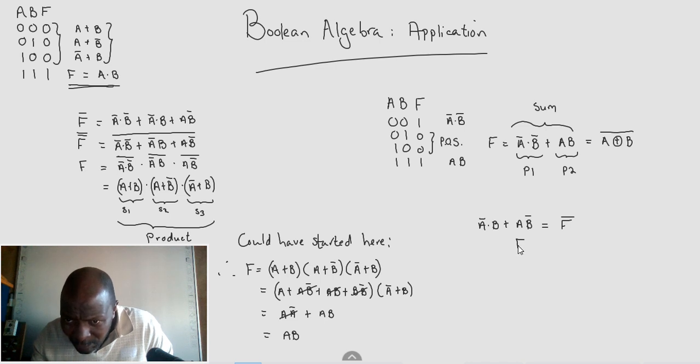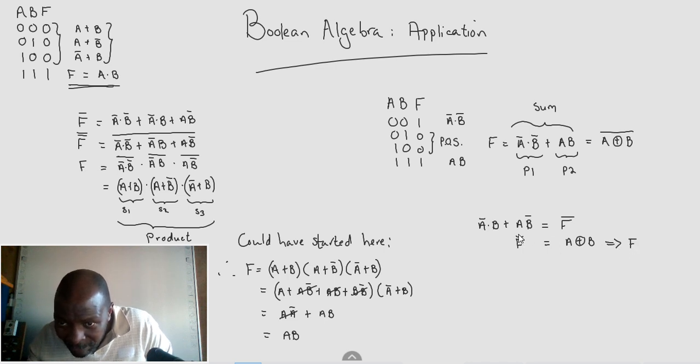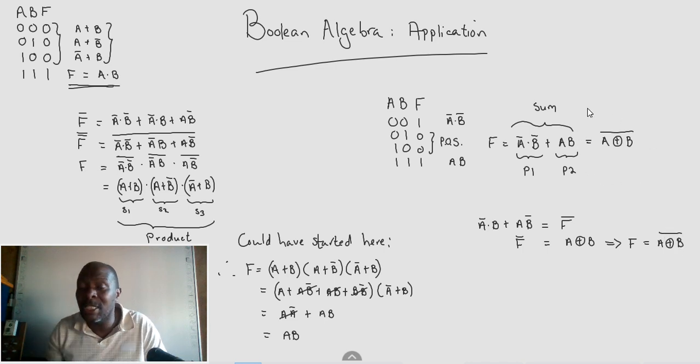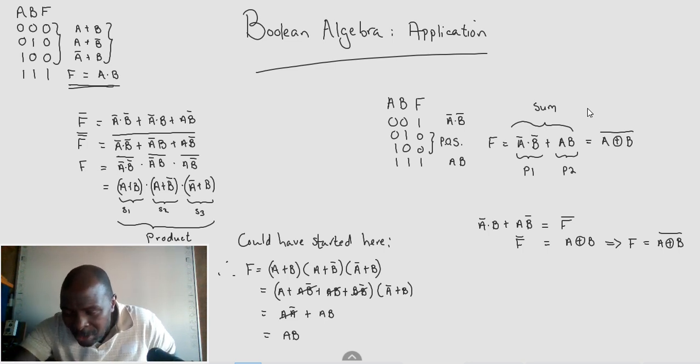Before I do that, just to prove what I mean here, I could have said not F is actually the exclusive OR gate, A exclusive OR B, which therefore implies that F, if I invert here, I have to invert there, so F is equal to A exclusive OR B, not. We already know where we're headed.